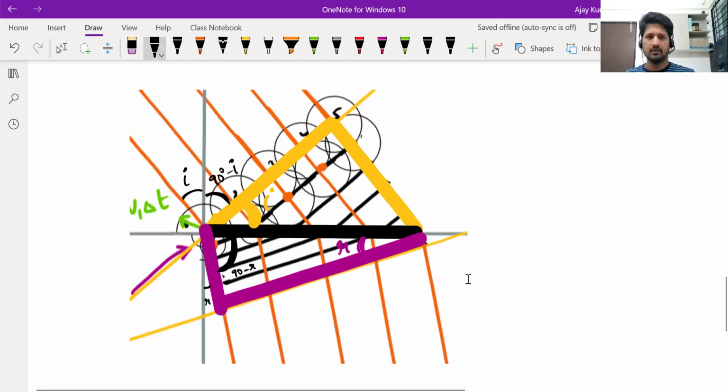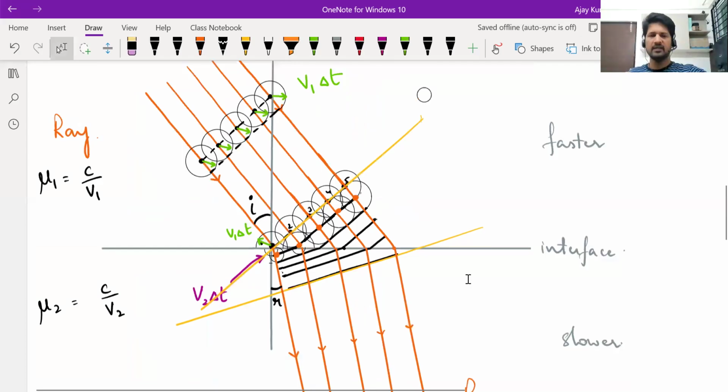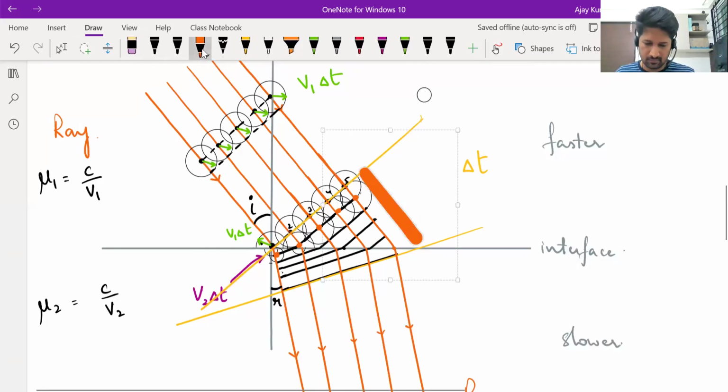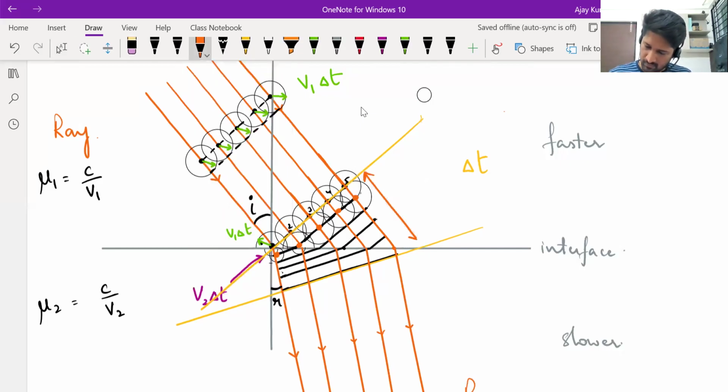Let's say to enter from the first medium completely into the second medium, light takes a time of delta t. Now, in the first medium, light travels faster. Second medium, it travels slower. So in the time interval delta t, this distance that light travels in the first medium is V1 delta t.